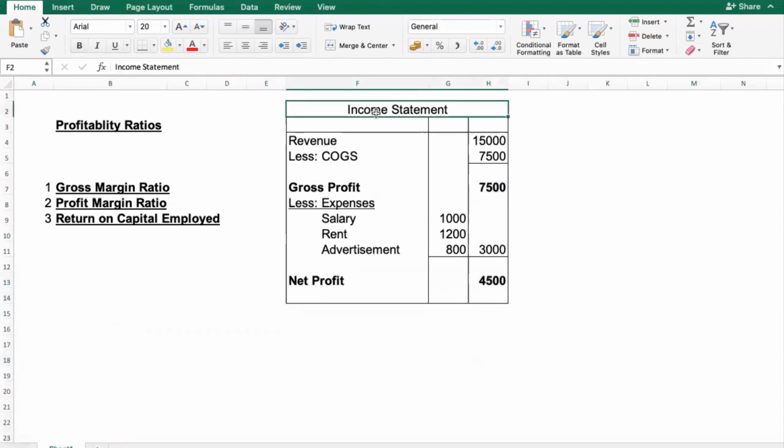Now, using this income statement, we need to calculate these three ratios. First, I am going to calculate the gross margin ratio.